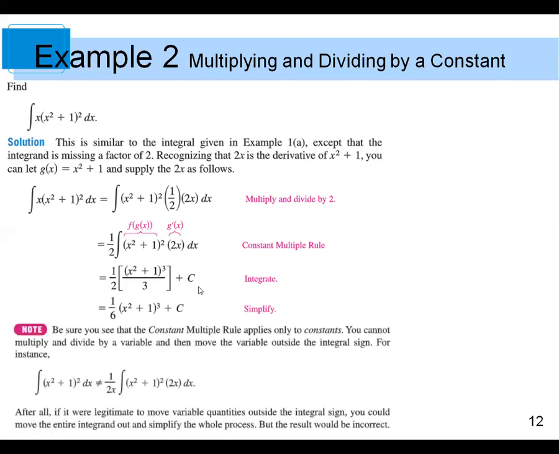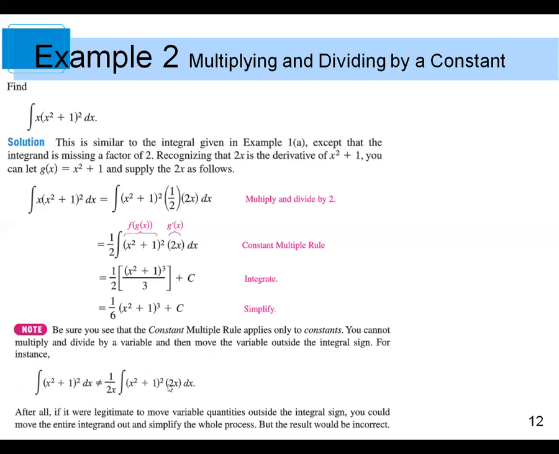Now, an important thing is you can adjust for the constant. If you're missing a factor of a constant, you can multiply or divide to adjust for that. However, if you're missing a factor of a variable, you cannot multiply or divide out a factor of x or x squared or anything like that. In this integral, this almost looks like it would work, except you're just missing a factor of 2x.